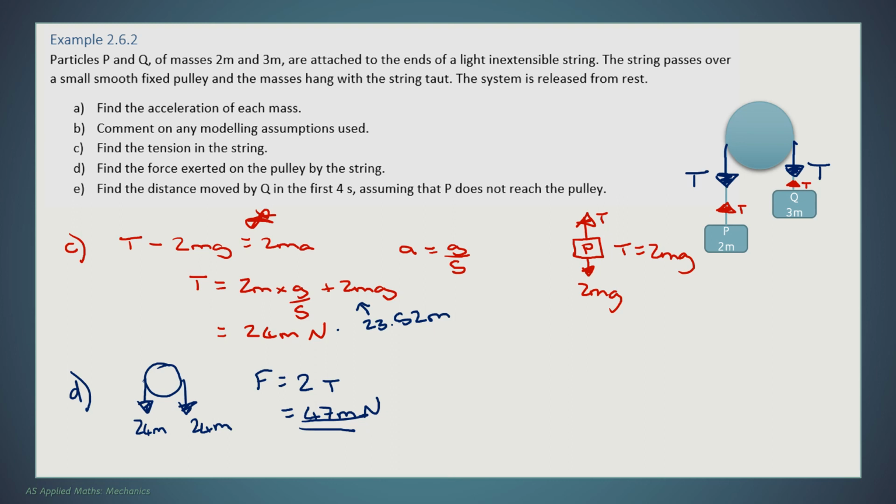If we then look at part E, find the distance moved. As soon as you see distance, you should now be thinking suvats. In the first 4 seconds, so that's given me the time, I want to find the distance. We started from rest, and we know that our acceleration is 9.8 divided by 5.